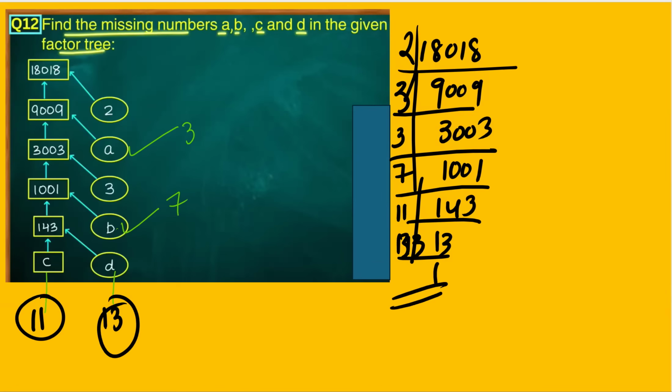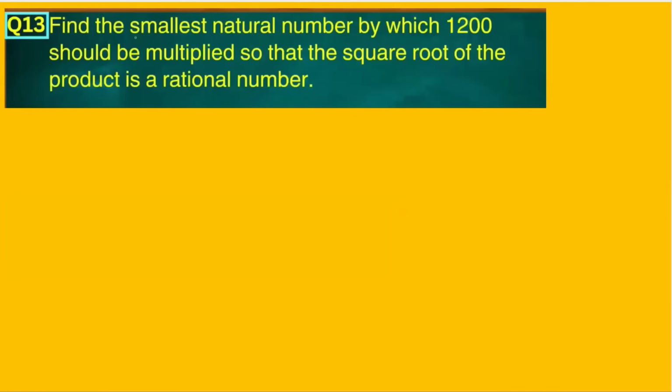Okay, next question: find the smallest natural number by which 1200 should be multiplied so that the square root of the product is a rational number. So what are the prime factors of 1200?